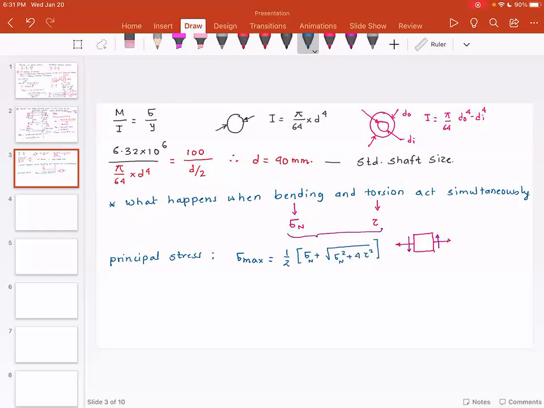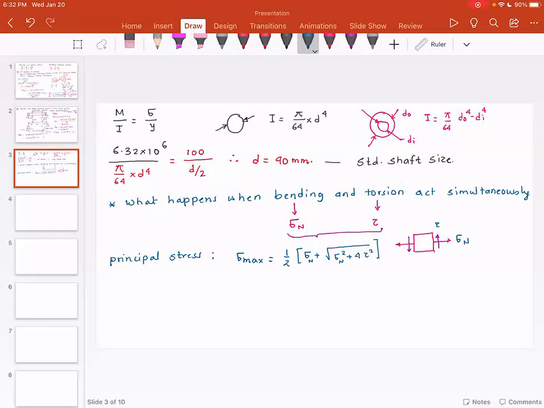Now let's look at what this equation means, and let's try to understand the physical meaning of this equation. When you have two stresses acting simultaneously, these two stresses give rise to a resultant stress. Principal stress is the projection of that resultant stress in the normal direction.